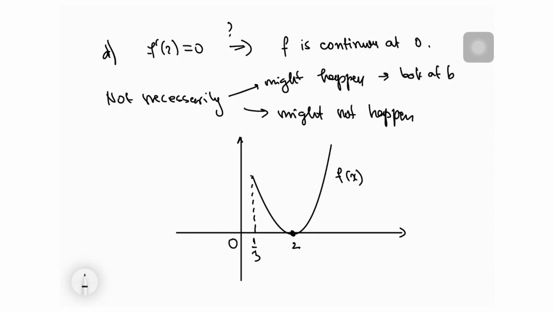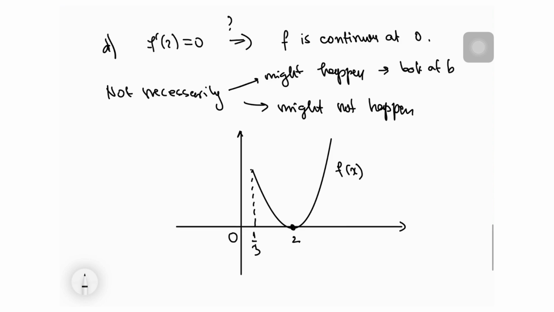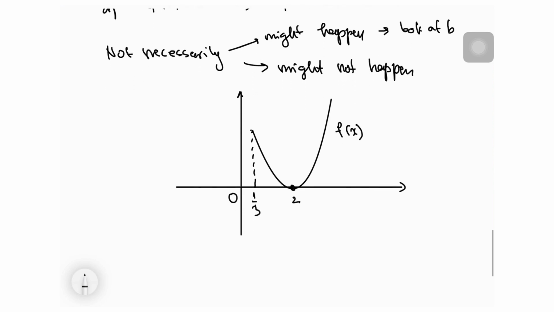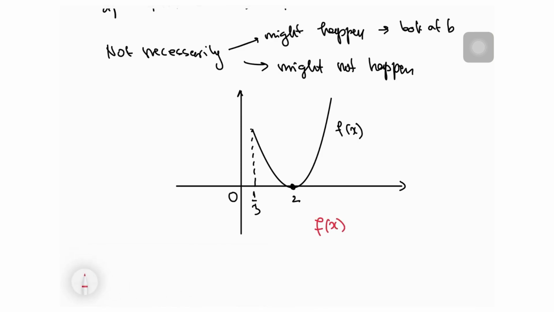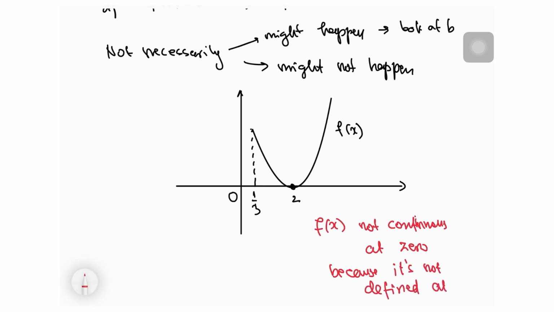So the function is not defined at 0, so it cannot be continuous at 0. This means f of x is not continuous at 0 because it's not defined at 0.